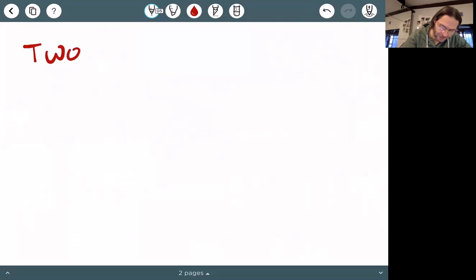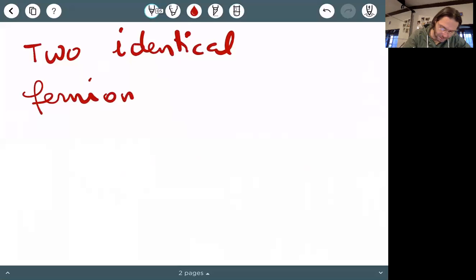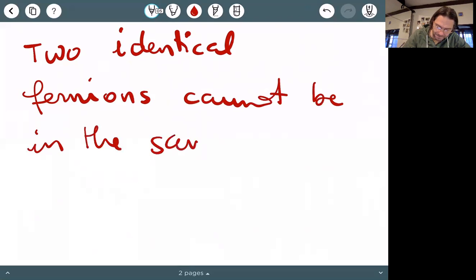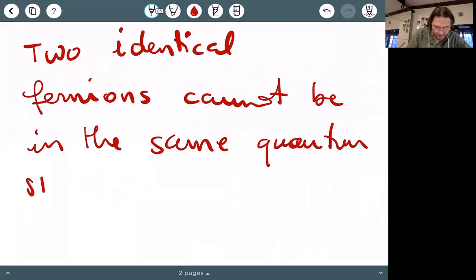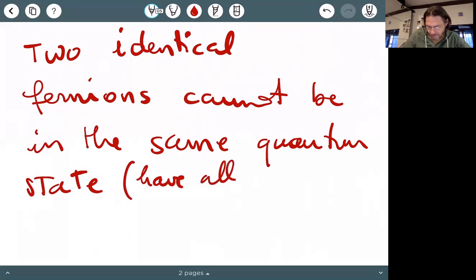Two identical fermions cannot be in the same quantum state. What do I mean by same quantum state? Have identical quantum numbers.